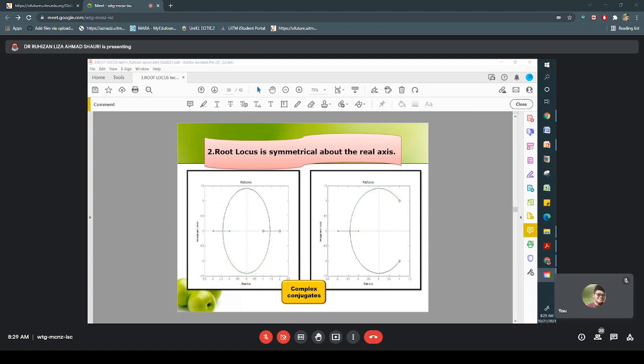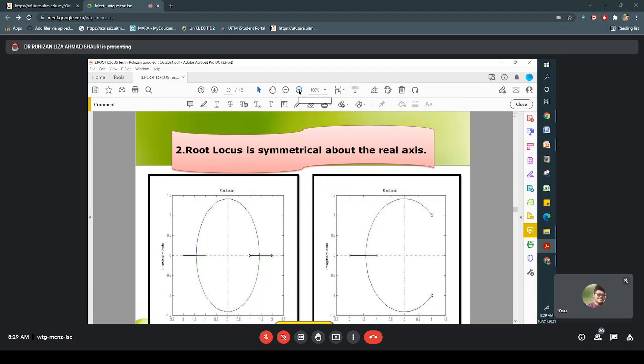Okay, root locus is symmetrical. Now look at these two root loci. I make it bigger. What do you have here? The open loop poles, you have 2 points there, here and here. The open loop zeros, you have 2 locations there.